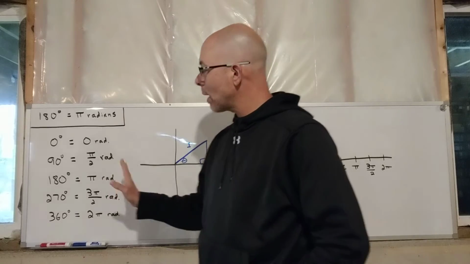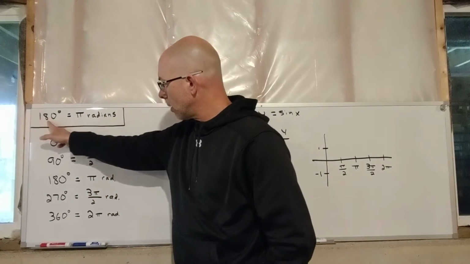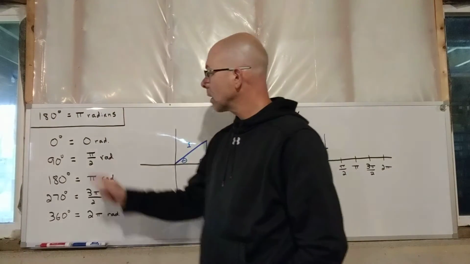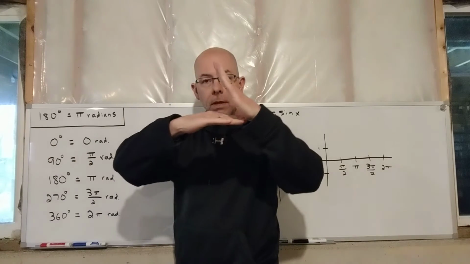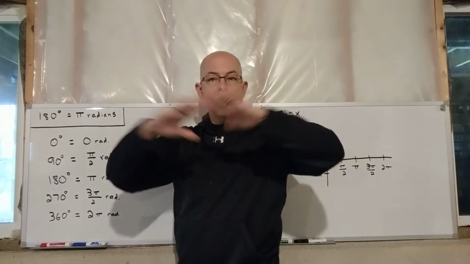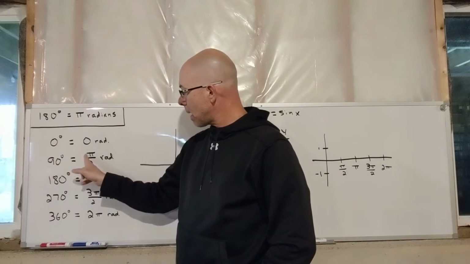On the radian scale, I use the fact that 180 degrees is pi, so anytime I see a pi, think of it as being 180. If it's a 0 degree angle, flat, no angle, that's 0 degrees, 0 radians. 90 degrees would be pi over 2.